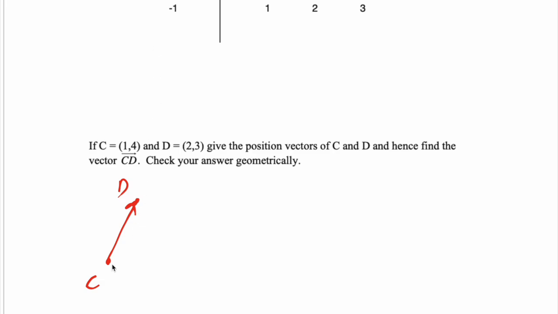Sorry, that's not correct. Those are coordinates, not vectors. So let's represent it like this: 1, 4 is C. D is at 2, 3.